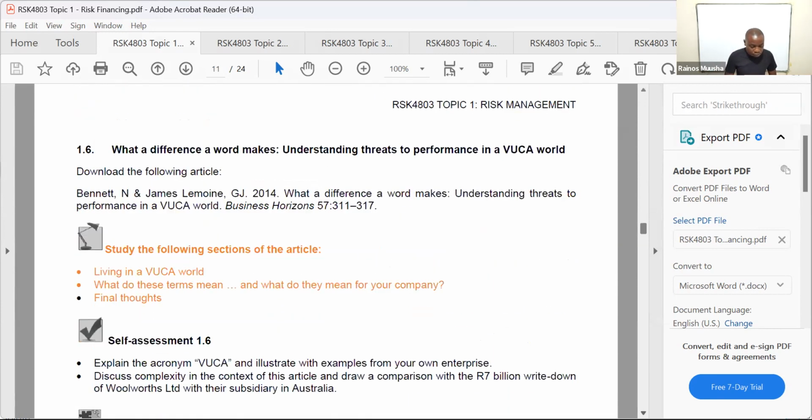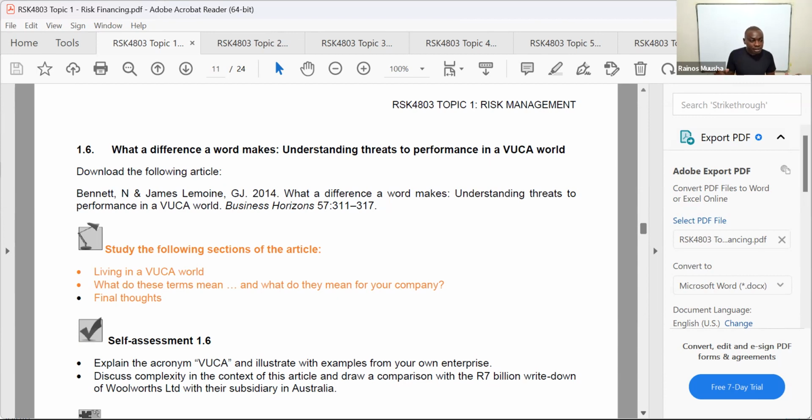Unit 1.6 looks at what a difference a word makes, and it gives us the acronym VUCA, right? When you look at this acronym, what we are basically saying is that we're living in a global community.